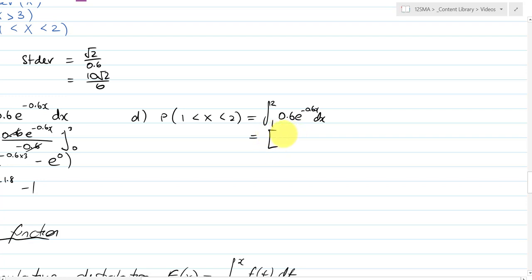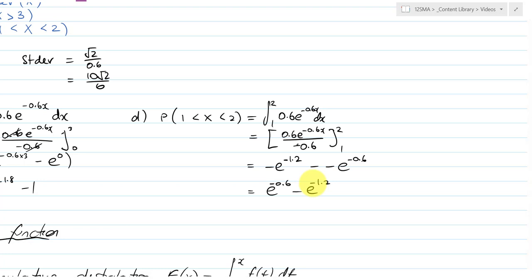It is 0.6 e to the negative 0.6x over negative 0.6 between 1 and 2, and that will be equal to, well 0.6 cancels out actually, so negative e to the negative 1.2 minus negative e to the negative 0.6, which of course is equal to e to the negative 0.6 minus e to the negative 1.2. And that will give you your area underneath.